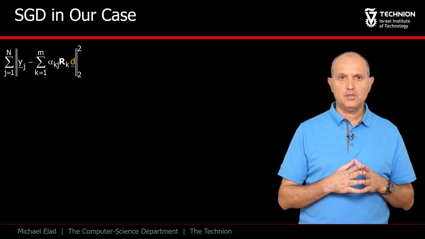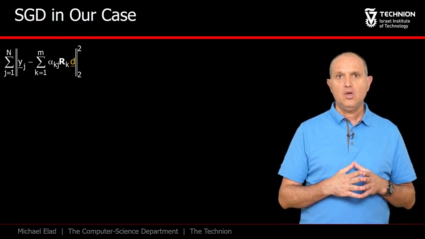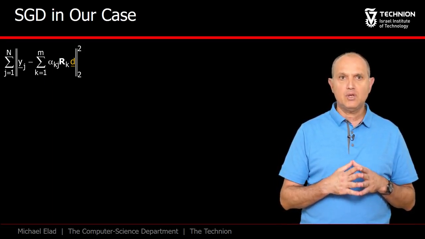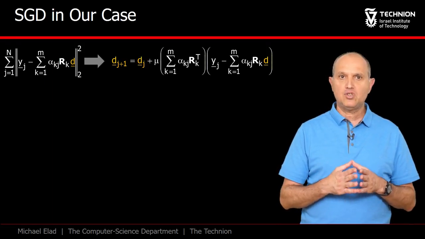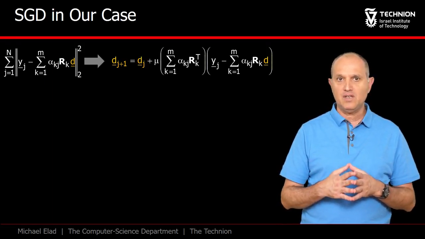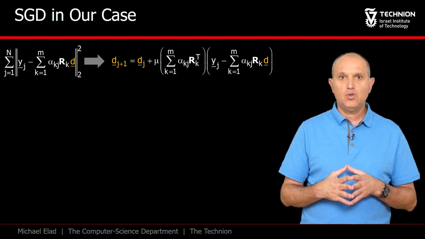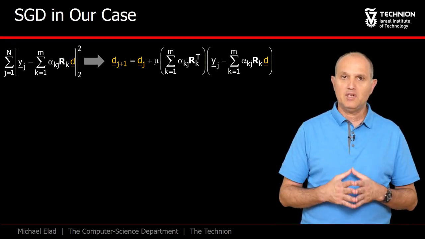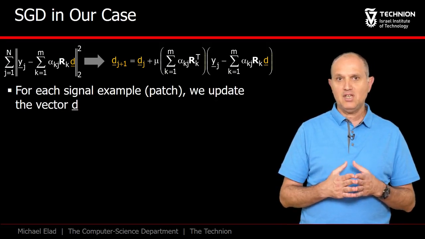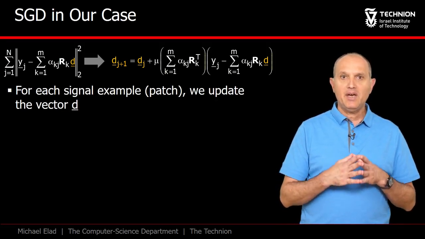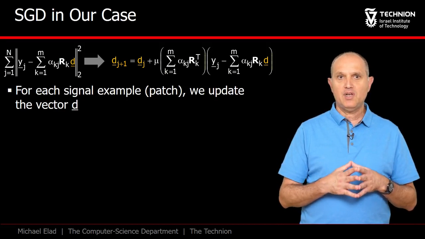Returning to our signature dictionary learning story, we have a similar expression with many quadratic terms, and we could apply the stochastic gradient descent in order to find the signature d. The expression you see is a straightforward derivative of one of those quadratic terms. The implication is that we will be updating d per each patch from the training signal.